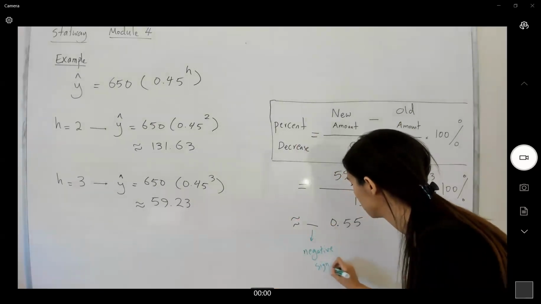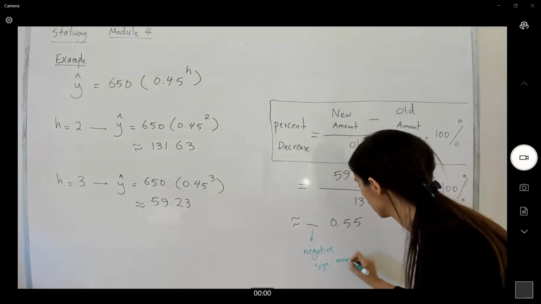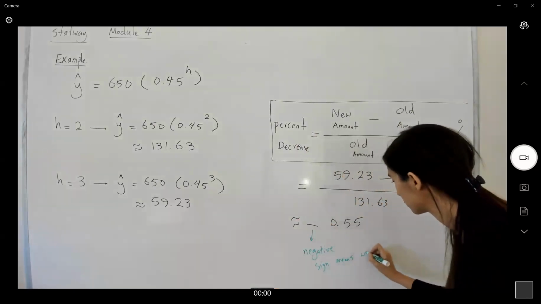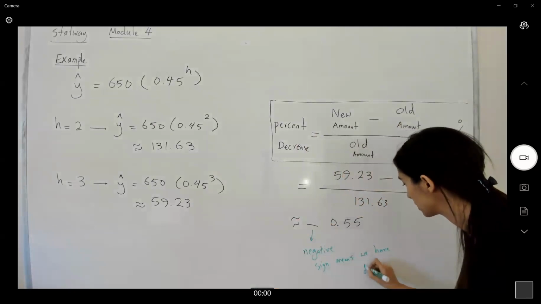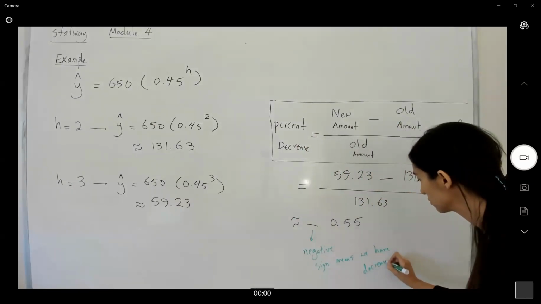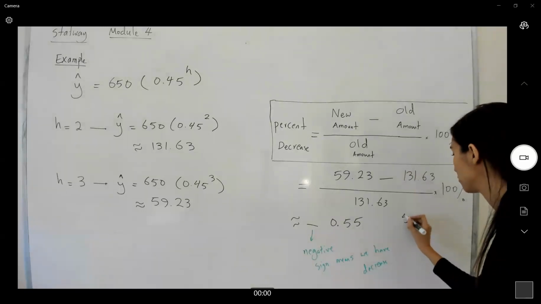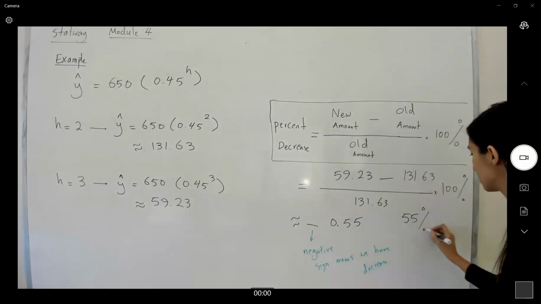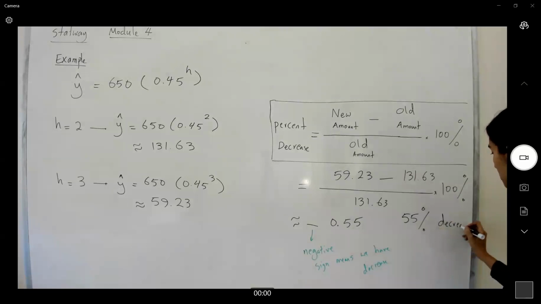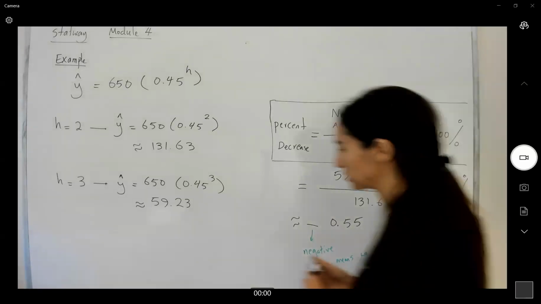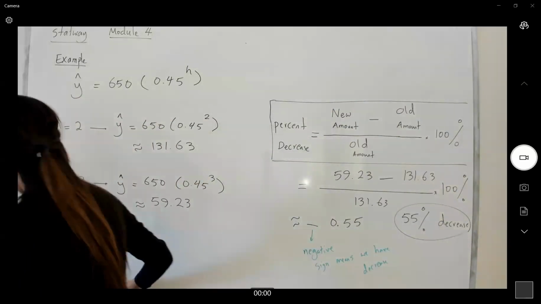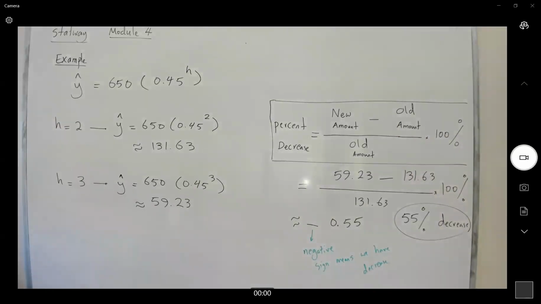Negative sign means we have a decrease. So you can say that, hey, I have 55% decrease. This is the percent decrease. Excellent. Well done, everyone.